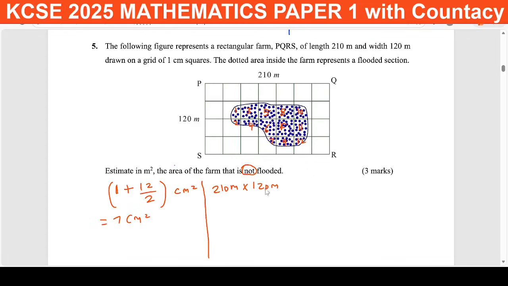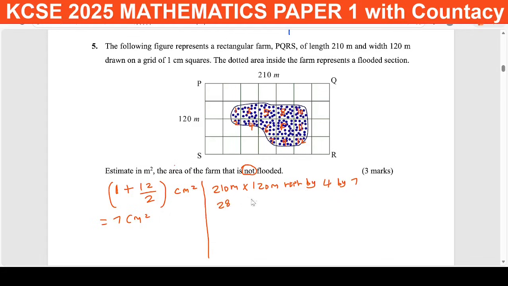This one is represented by how many squares? 1, 2, 3, 4 by 1, 2, 3, 4, 5, 6, 7. 4 by 7. So we can actually start by this. This is 7 times 4, that's 28.